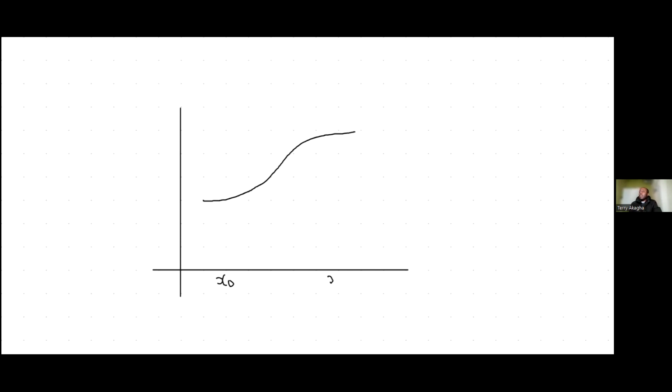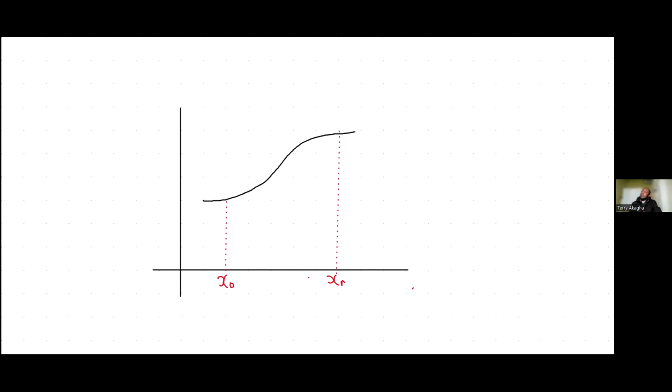Let me use a red pen to make it clearer. So x0, and xn. I can then draw the lines, from this point all the way down here is x0, and from this point all the way down here is xn.